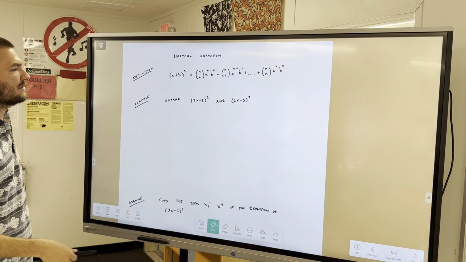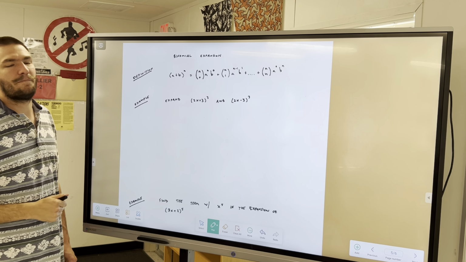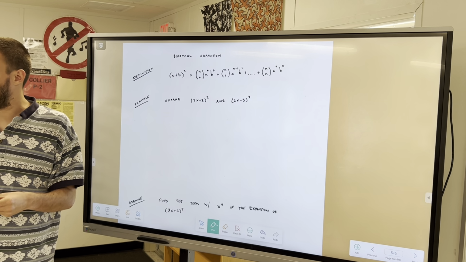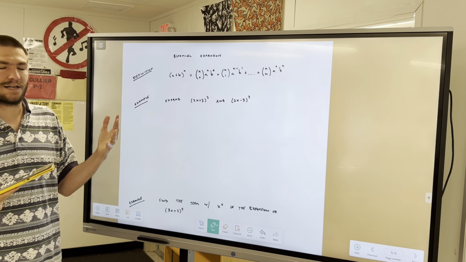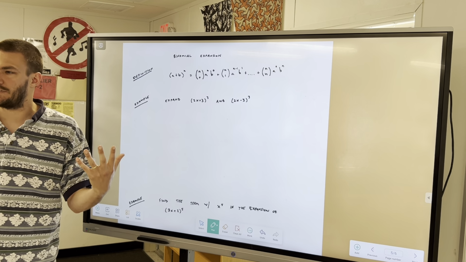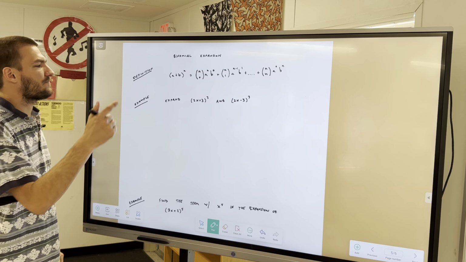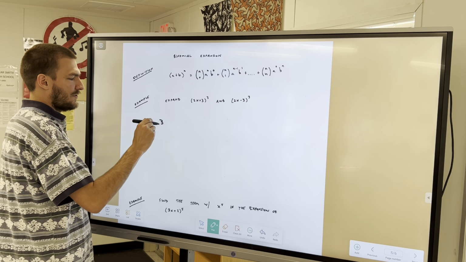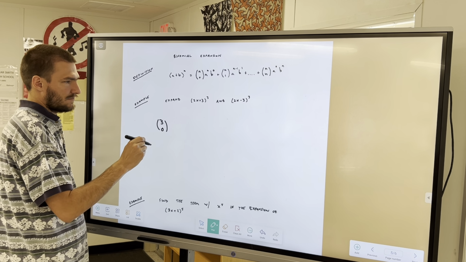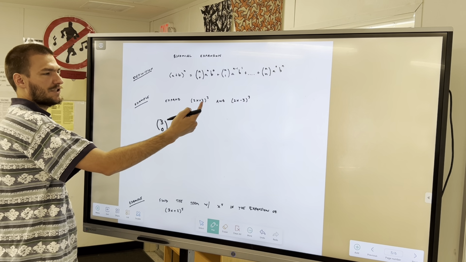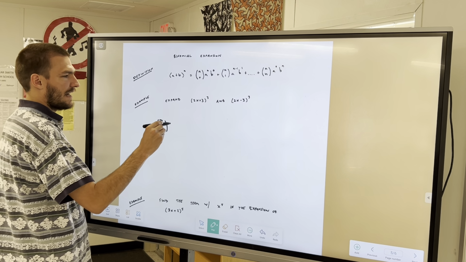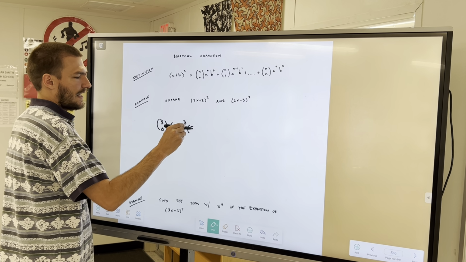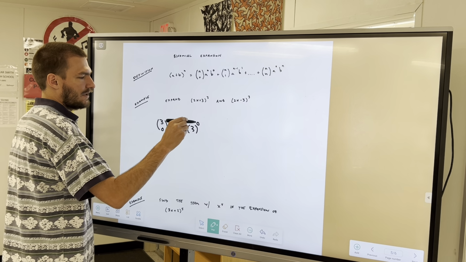And so let's do this first example. Now, it's very easy when everything is a's and b's, but it's almost too easy. And so these questions will include actual things like coefficients and variables. So in order to expand this, we would have 3 choose 0. That's going to help us find the coefficient. Then we would have 2x to the power of 3 and 3 to the power of 0.